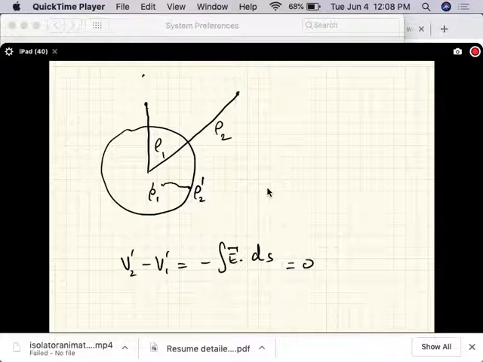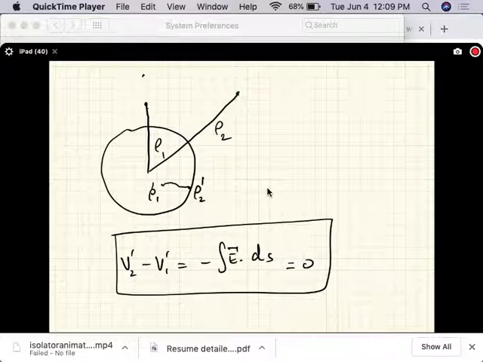So what we are saying is that the potential at any point inside is the same as what's on the surface. Okay, and that's true generally of a conductor. Inside a conductor, the potential is the same as the surface.